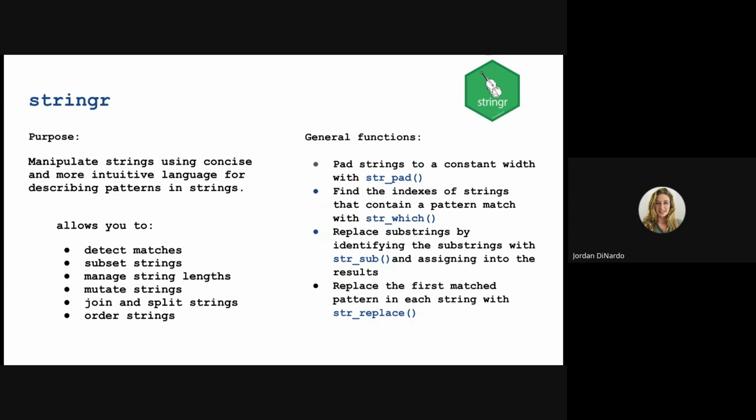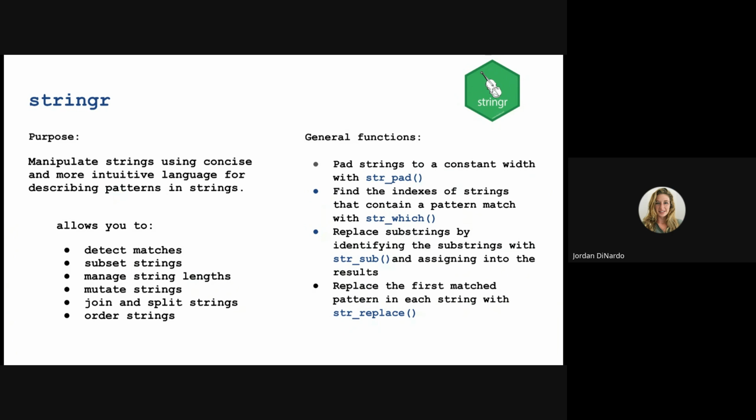str_which, this next function here, helps you to find the indexes of strings that contain a pattern, and match that with str_which. So something to point out here is this is just finding the index, so the position of the string you're trying to match to. str_sub, which I think is a bit more helpful, helps to replace substrings by identifying the substring with str_sub and then assigning it into some new result.